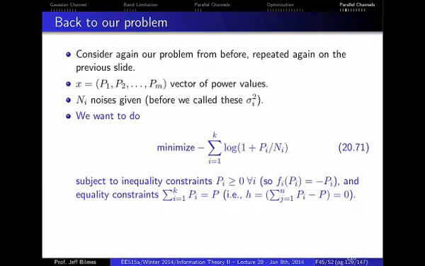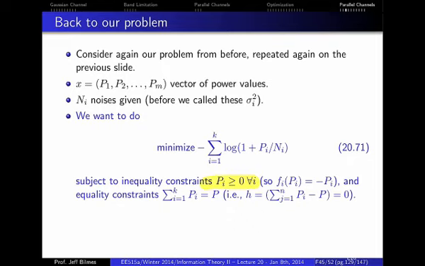Actually, what I said before wasn't exactly correct. This is really the convex problem. The above was a concave maximization. This is convex minimization. So I should have said that was concave, and this is convex. Then we've got inequality constraints. We actually do have a couple of inequality constraints as well, which we didn't mention before. We can't have negative powers.